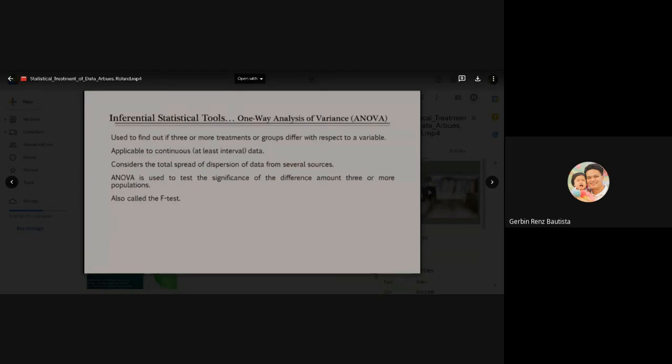We assume the F-test to have random samples, that samples are independent of one another, and samples are from normal distributions, that true variances of each group are equal, and the data are at least in interval level of measurement.